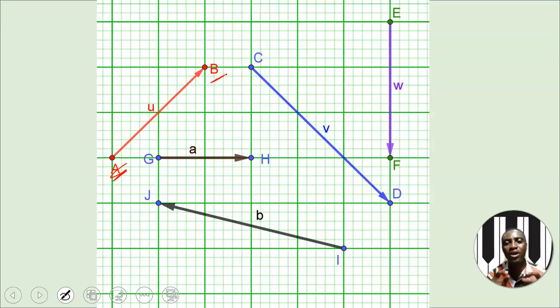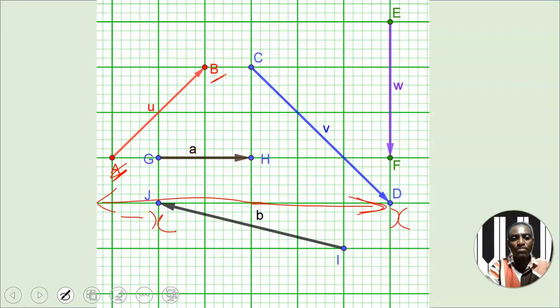Take note that for component vectors, we always move in the x direction before the y direction. Anytime you move towards your right on the x-axis, we say it is positive x, and when you move backwards, we say it is negative x. On the y-axis, when we move up, we are moving y positive, and when we move down, we are moving y negative. So that is what we are going to use.